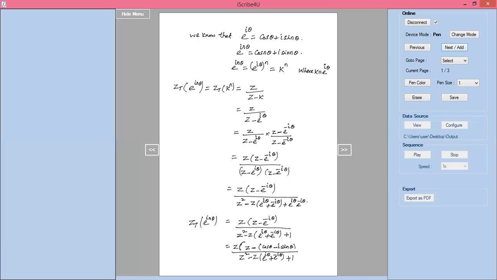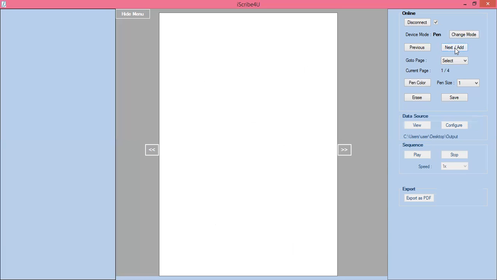Now in the next step I can write z transform of e power i theta equal to z into z minus cos theta plus i sin theta, divided by z square minus, as we studied in previous classes, e power i theta plus e power minus i theta. e power i theta is cos theta plus i sin theta, e power minus i theta is cos theta minus i sin theta.